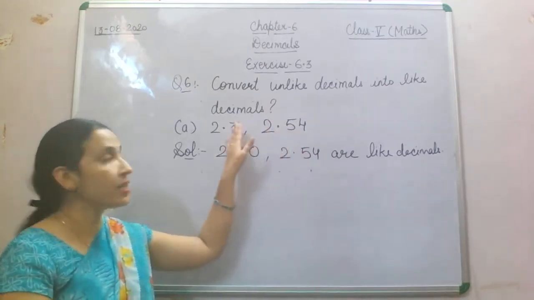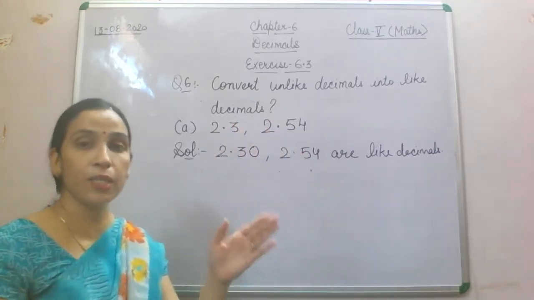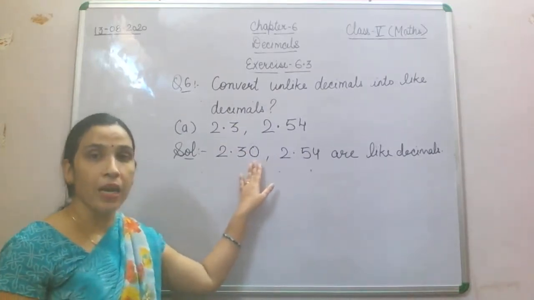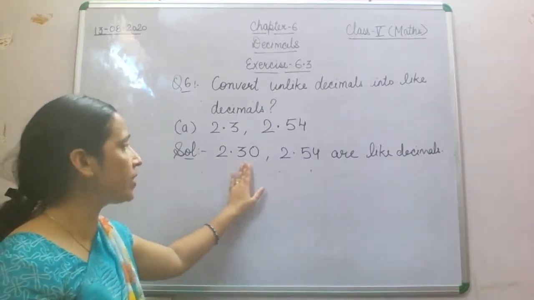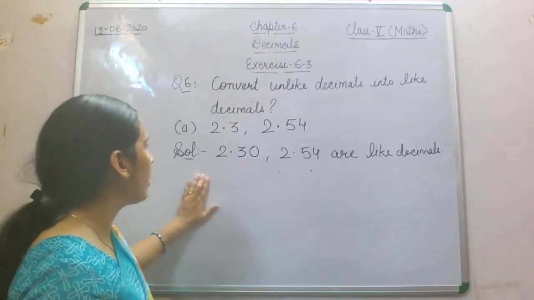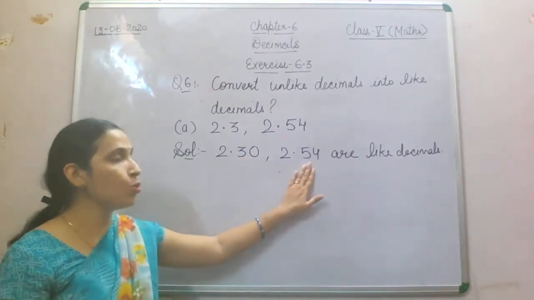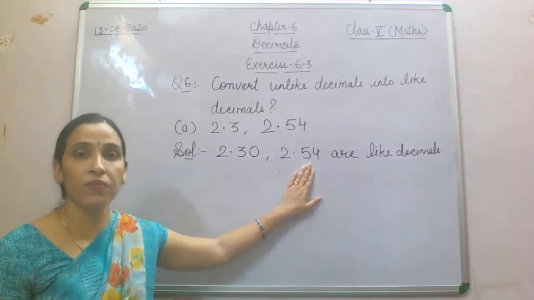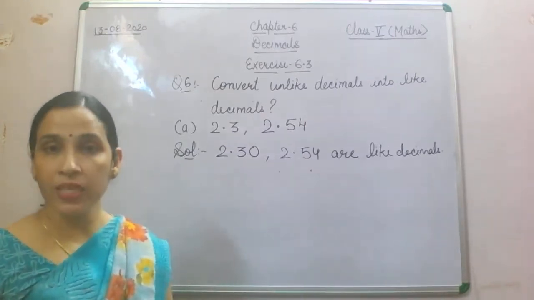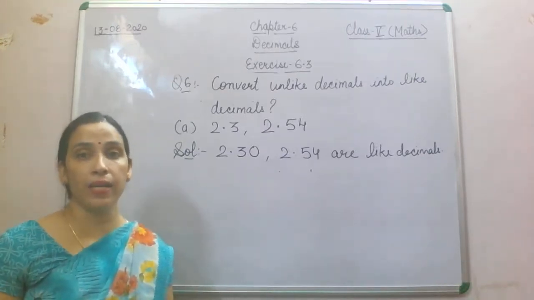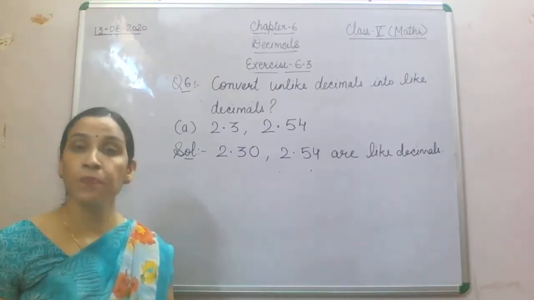It means this 1 will also be converted into 2. So what will we do? We will put a 0 after this 3, 2.30. So we have 2 decimal places in this as well as 2 decimal places in 2.54. So in this way we are going to change an unlike decimals pair into a like decimals pair.